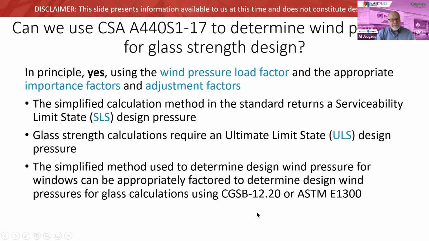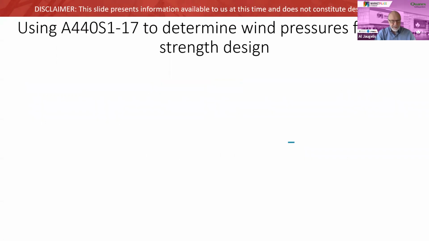So how do we do that? Well, we can apply the proper factors to the design pressure we get from the NAFS calculator in order to be able to use that value for glass design.